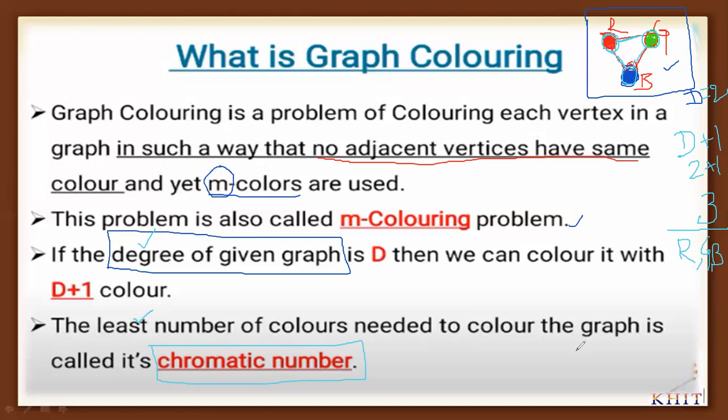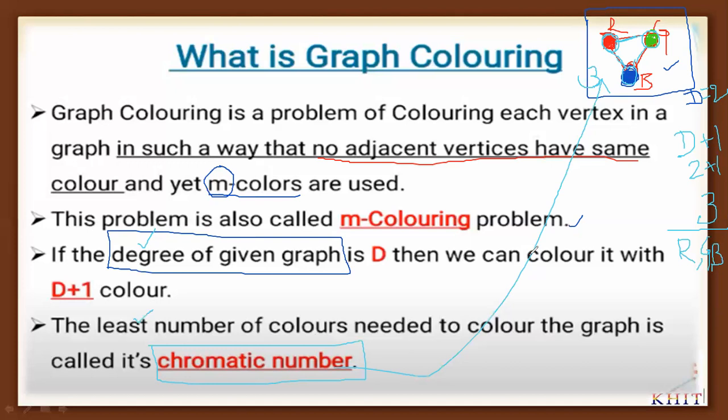Assume the given graph can be colored with three different colors, namely red, green, and blue. By satisfying the constraints of the graph coloring problem, I can say the chromatic number of the given graph is 3. Why? Because the minimum number of colors required to color the graph is 3. Those colors are red, green, and blue.